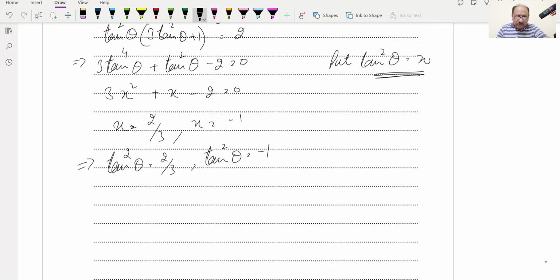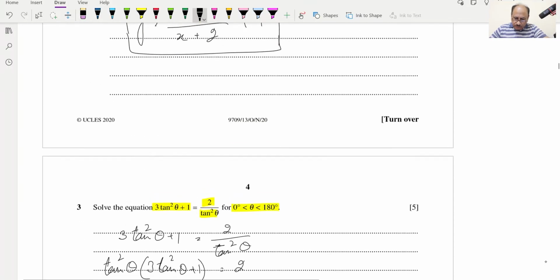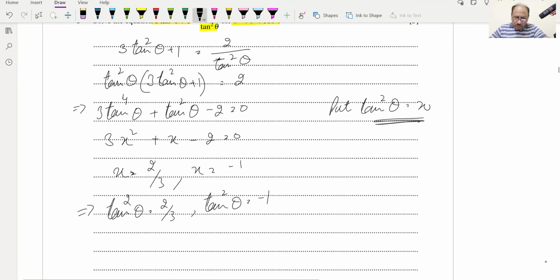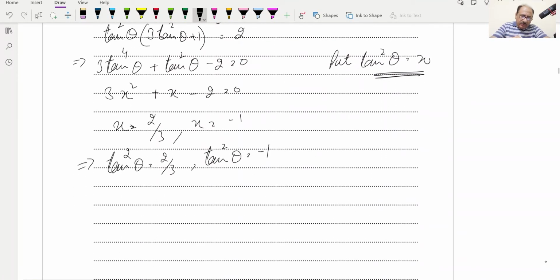So minus 1 is not possible, since the range is from 0 to 180, so we will reject this one. Tan squared theta cannot be negative, so our values will be tan theta is equal to plus minus under root of 2 by 3.